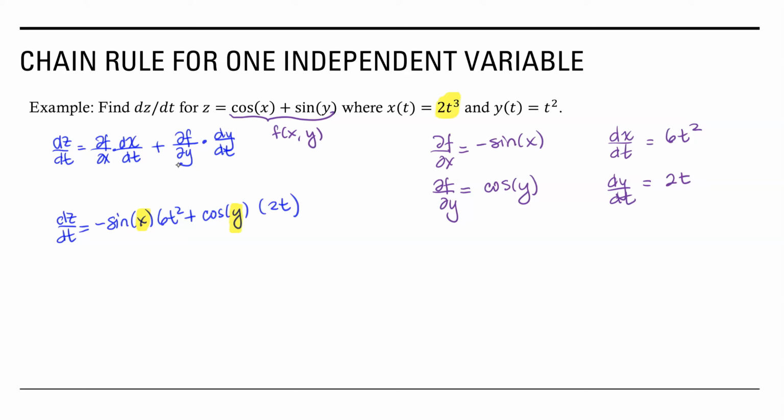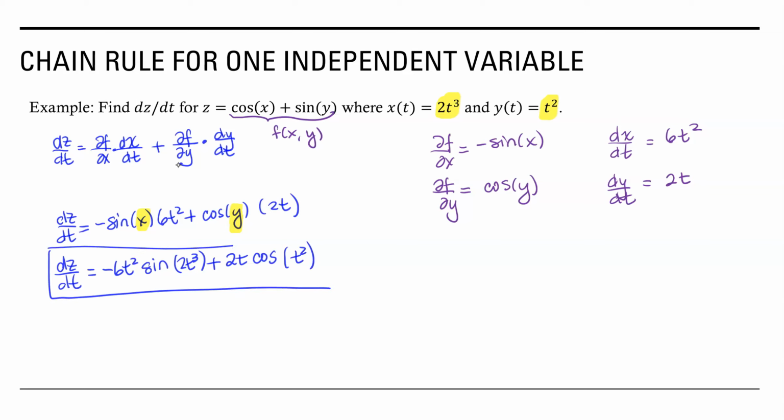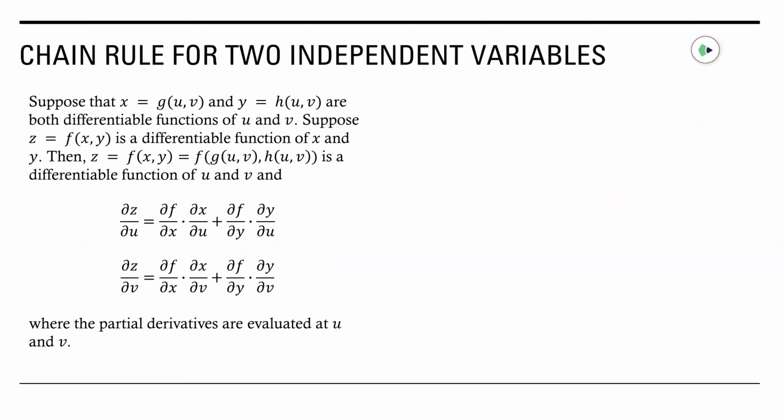I need to insert this information about x and y into my derivative. So my dz dt is equal to, and I'm actually going to write for my first term the 6t squared first, negative sine of x, x was 2t cubed, plus, and then I'm going to write my 2t first, cosine of y, and y was t squared. So there's our dz dt.